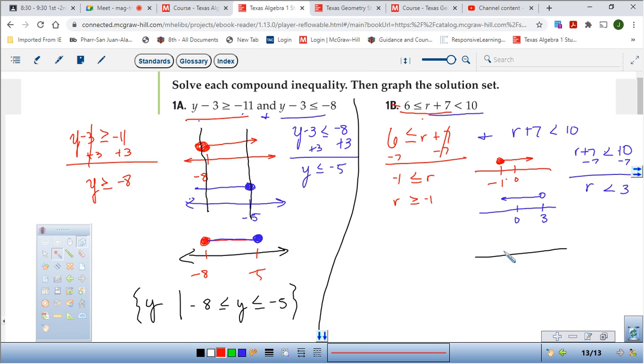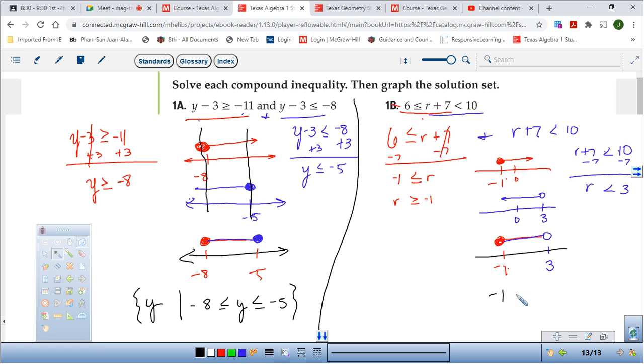So from negative 1, I'm going to the right, shaded in, all the way to the 3. At the 3, I'm not shaded in, and I'm going to the left. That's my final answer for the ands. The final answer is where they overlap.